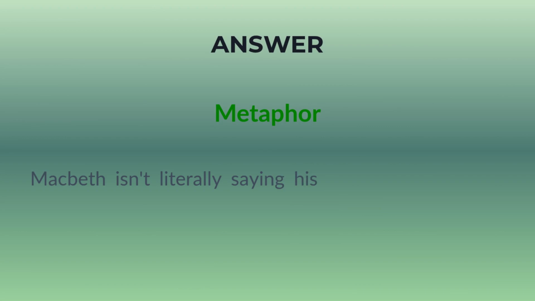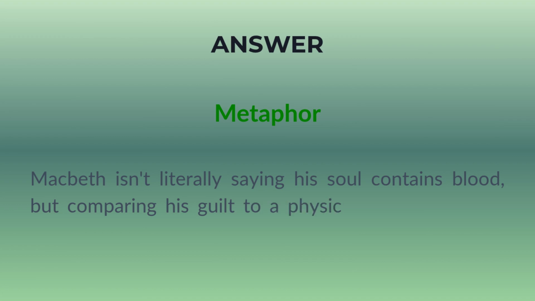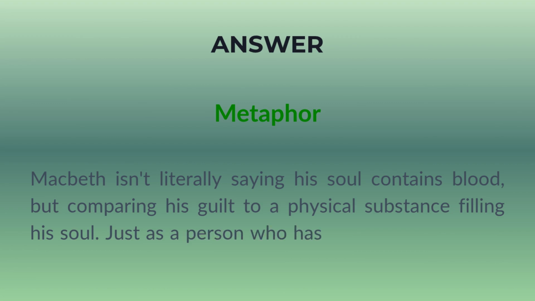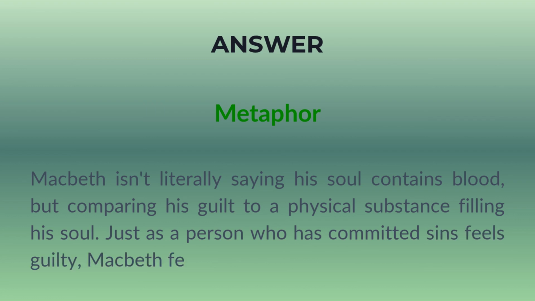Macbeth isn't literally saying his soul contains blood, but comparing his guilt to a physical substance filling his soul. Just as a person who has committed sins feels guilty, Macbeth feels guilty for killing Macduff's family.